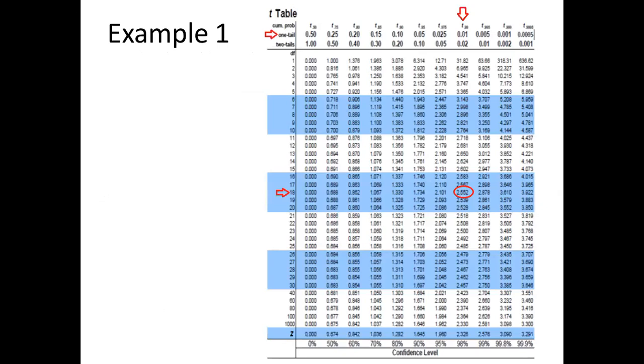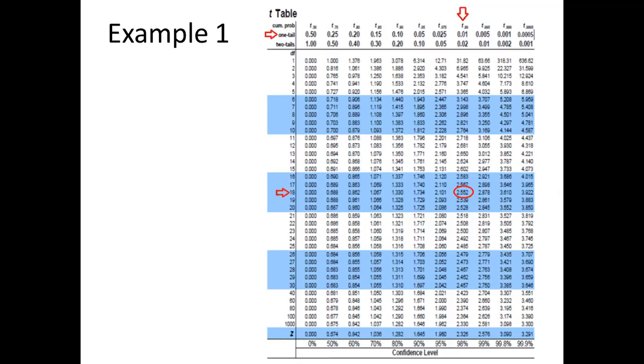Since this is a one-tailed test, we go to the one-tail row and the column 0.01, as the level of significance was 0.01 in our question, and then the degree of freedom was 18. Where the 0.01 one-tail column and the row of degree of freedom 18 intersect, this is our t value, which is 2.552, right?